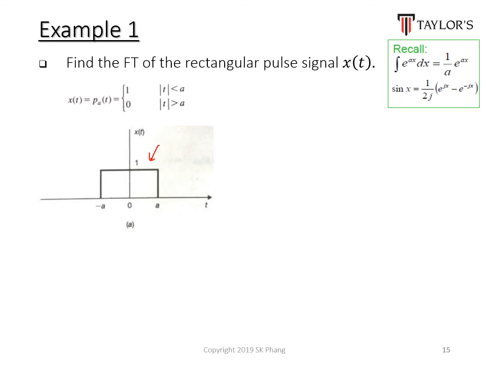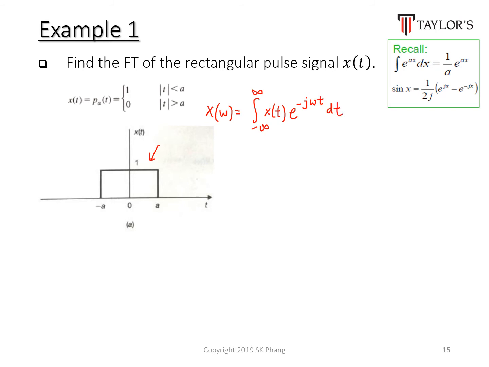If you remember, if you want to work on the Fourier transform of this x(t), the result X(omega) will be equal to the integral from negative infinity to infinity. You need not memorize this formula because it will be given in your test. And this is e to the power of negative j omega t dt.